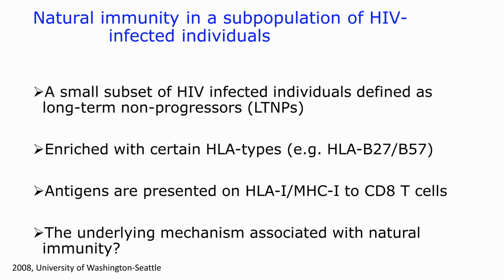Those MHC class 1 or HLA class 1 are very important in terms of antigen presentation. And those individuals are enriched, or they have HLA-B27, 57, so that means that there is something with these HLAs that provides protection in these individuals.